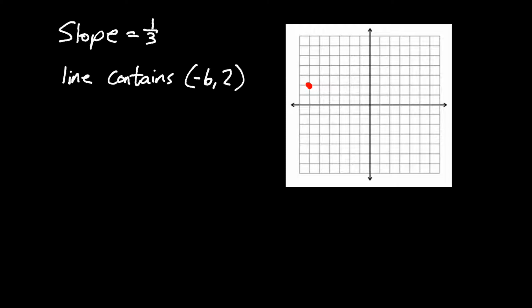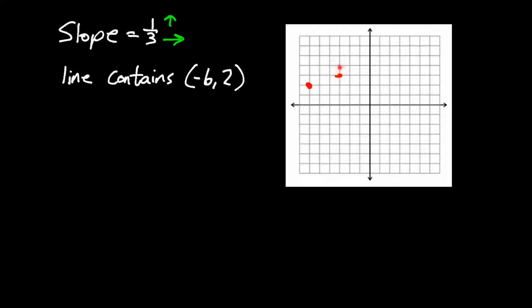Now from this point, we are going to follow the directions of our slope. The slope is positive, so that means we are going up 1 and to the right 3. So from our starting point, we'll go up 1 and over 3, right here. And then we'll do that again.